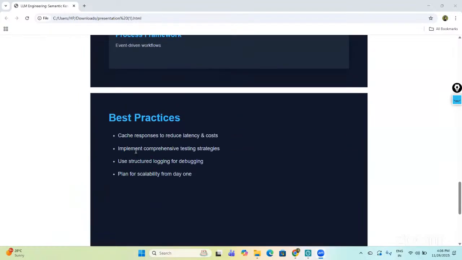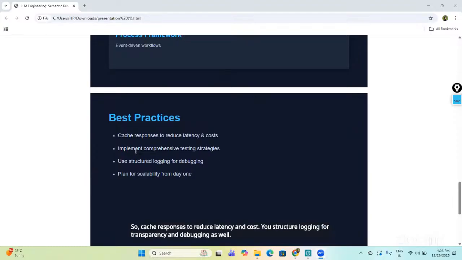Now, let's discuss the best practices. To ensure success with Semantic Kernel, these best practices should be followed. Cache responses to reduce latency and cost, and use structured logging for transparency and debugging as well.